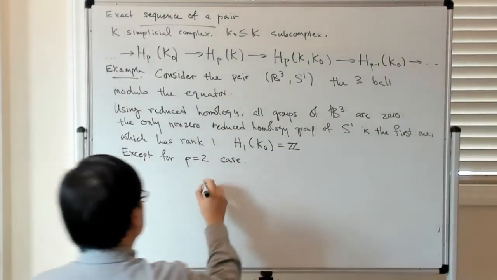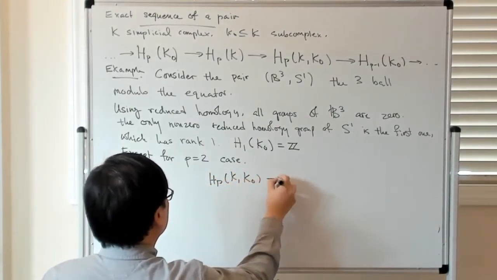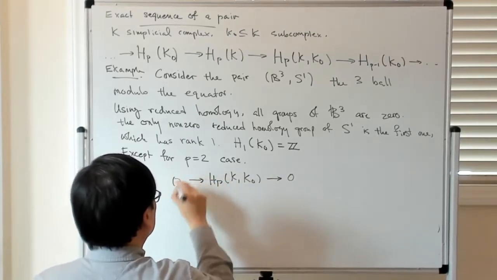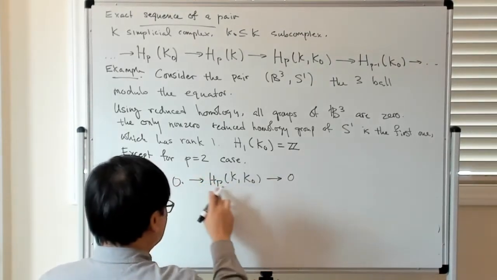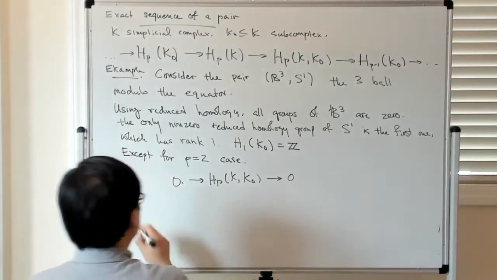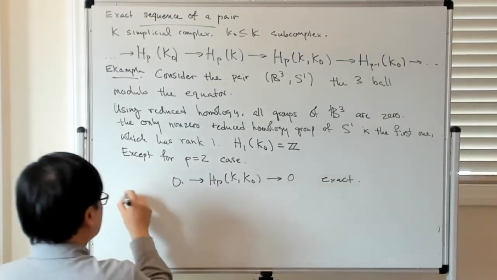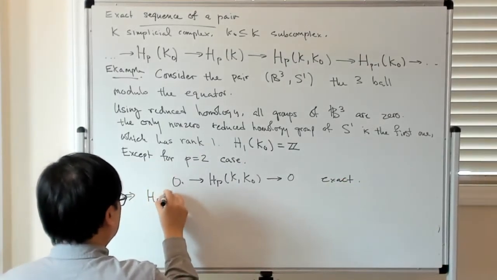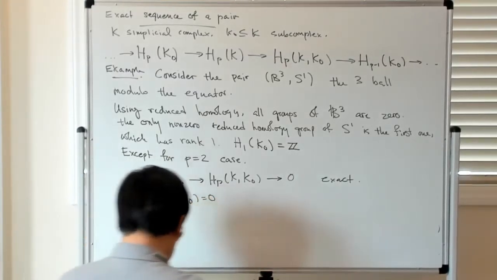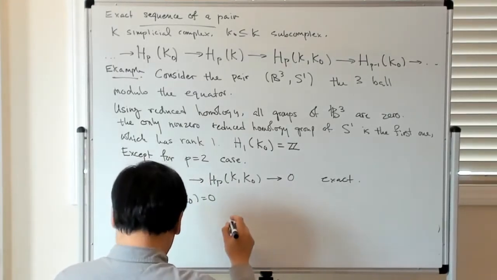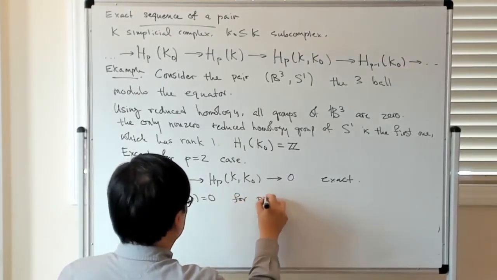What happens is that Hp of K comma K0, right, just looks like that. Okay, so that's an exact sequence, which implies that this thing itself has to be 0. This is exact. Okay, so this implies that Hp of K comma K0 is equal to 0 for p not equal to 2.